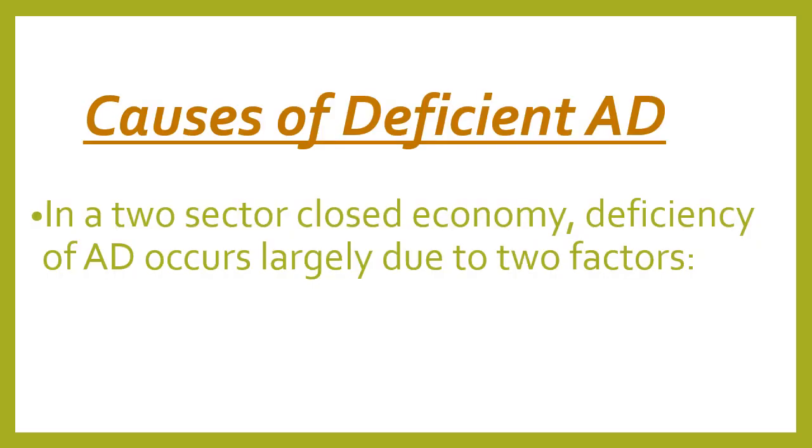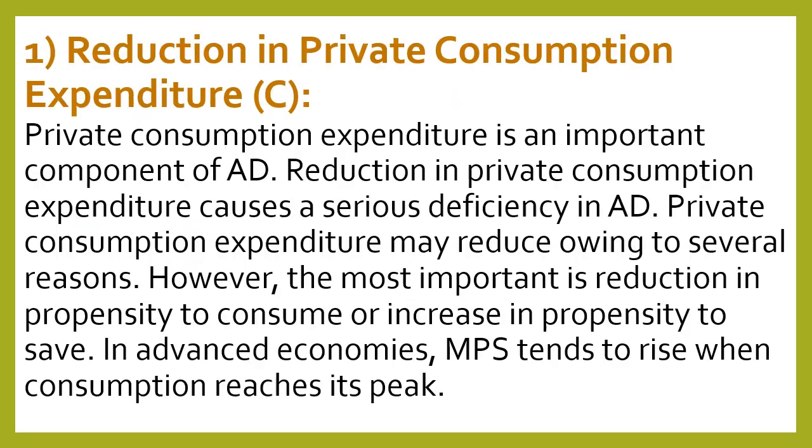Now the question arises, what are the causes of deficient demand? Basically for learning purposes, whatever are the components of AD that we read in chapter number 7, just remember them, and in context to them we will read the causes of deficient demand. In a two-sector closed economy, deficiency of AD occurs largely due to two factors. The first is reduction in private consumption expenditure.